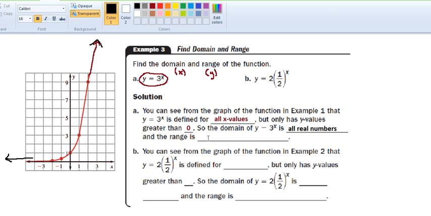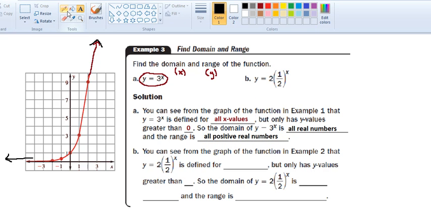But the difference with the range, the y stuff, is since it never dips below 0, we're going to call it all positive real numbers. Now, the only way you can see these is to have the graph drawn. You're not going to be able to see it by looking at this y equals 3 to the x power.